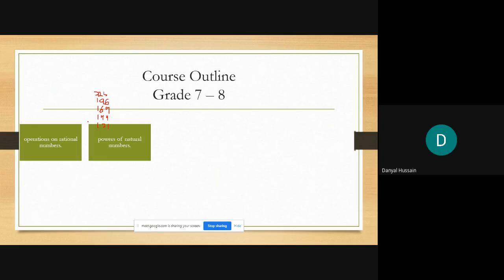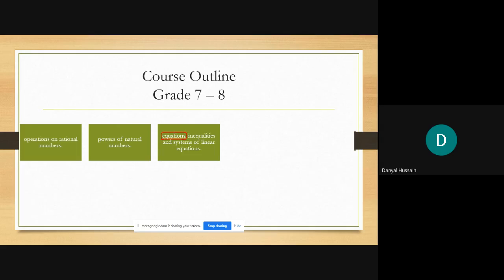So we have to know which number is the square of something, what the square numbers are, and what the cube numbers are. We must know about it. Then equations: how to solve equations, how to solve inequalities, and systems of linear equations. Grade 7 students, we solved one question related to perimeter.